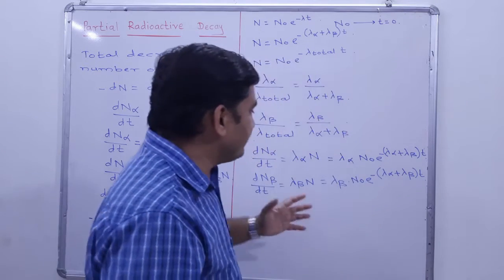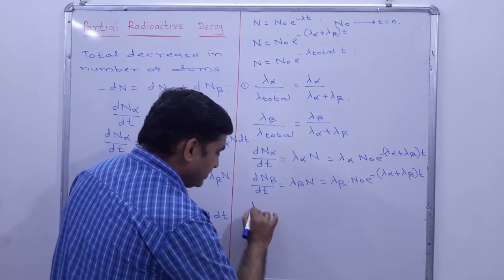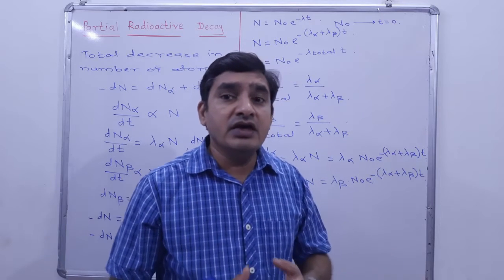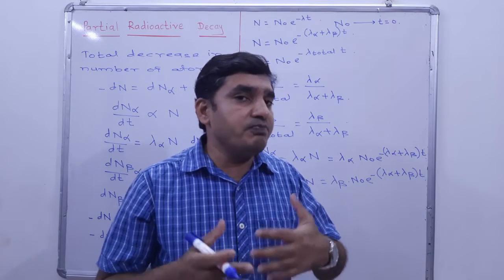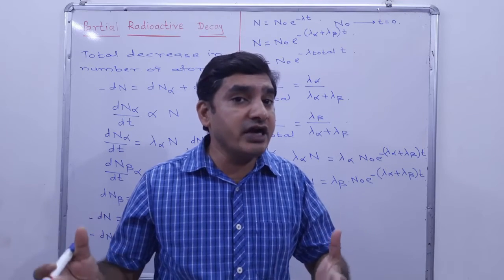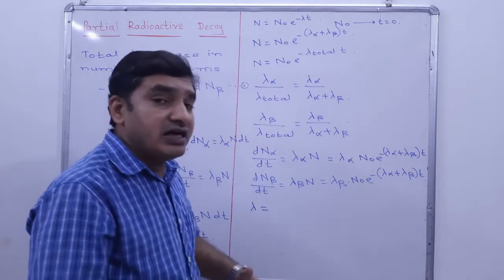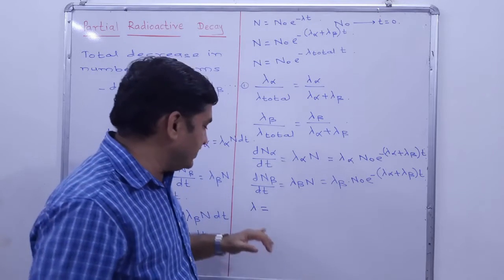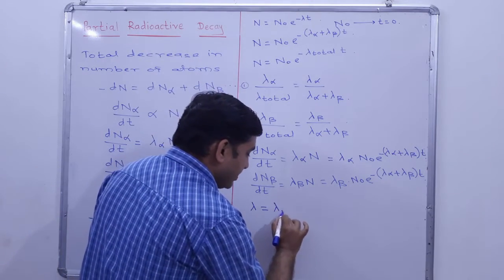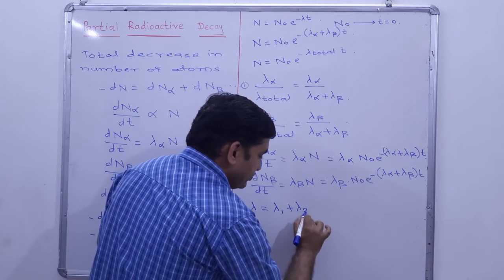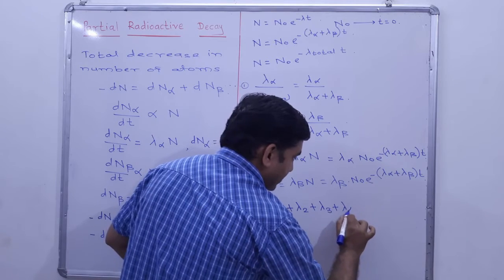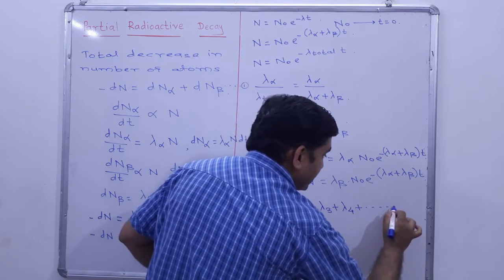And therefore we can say that if there are a number of decay modes, then for the partial radioactivity of a radioactive substance, lambda is equal to lambda 1 plus lambda 2 plus lambda 3 plus lambda 4 and so on.